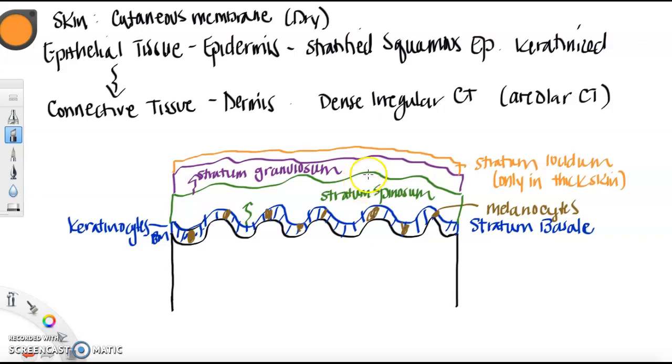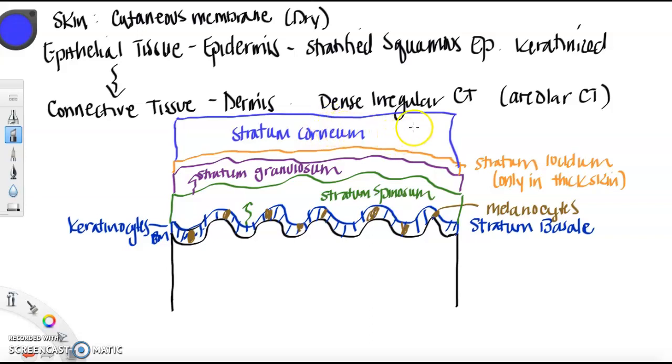So the last layer is the stratum corneum. And it's the largest layer. It's the layer that you see on the histology slides that look really weirdly colored.